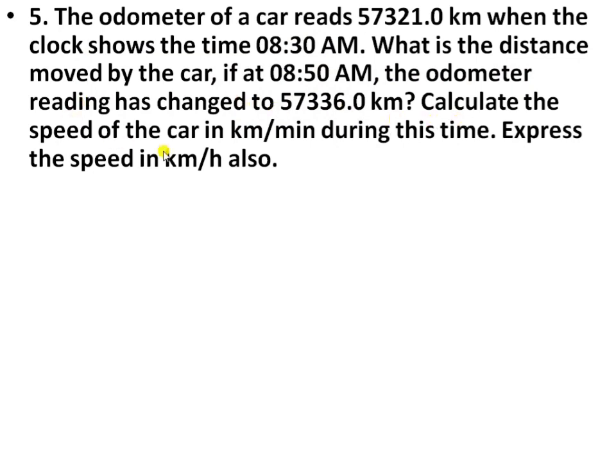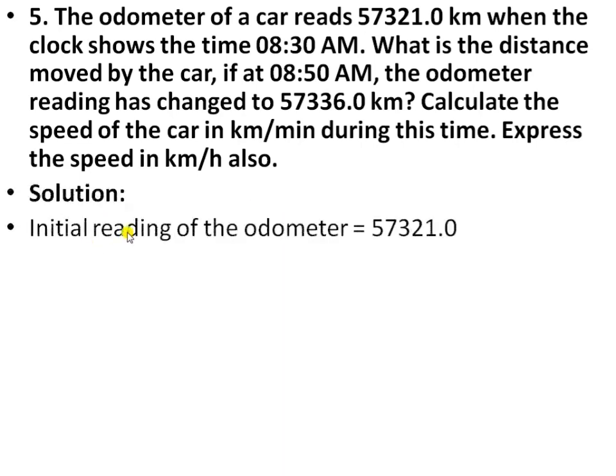You have to calculate the speed of the car in kilometer per minute during this time and express the speed in kilometer per hour also. Firstly, we have to calculate the speed of the car in kilometer per minute, and then we have to change this kilometer per minute into kilometer per hour.